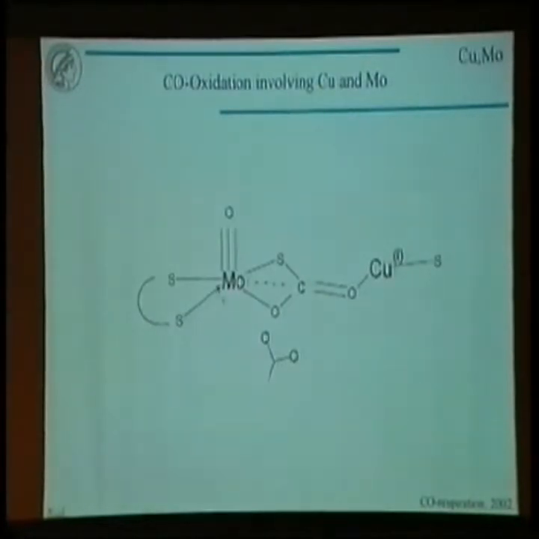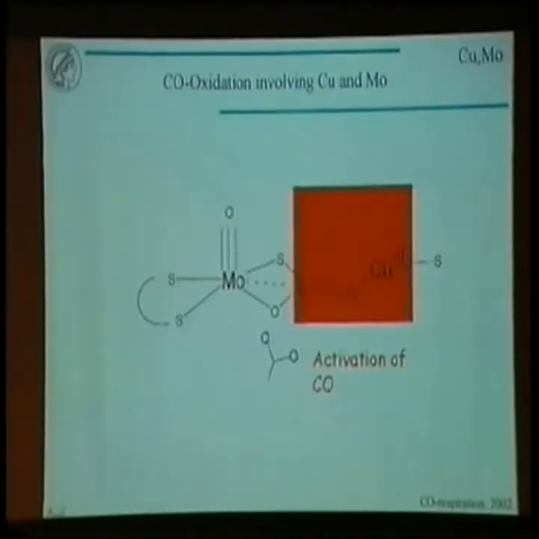So this is the enzymology now. We have CO bound intercalating between the copper and the molybdenum. So this is activation of the CO by the copper, the transition metal.